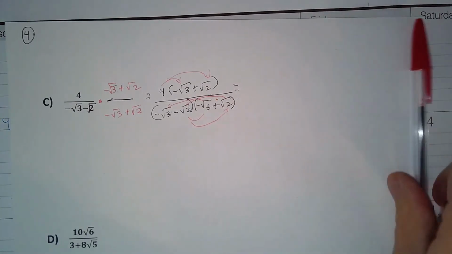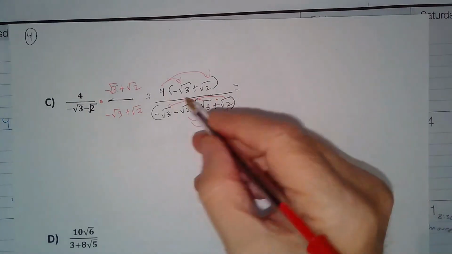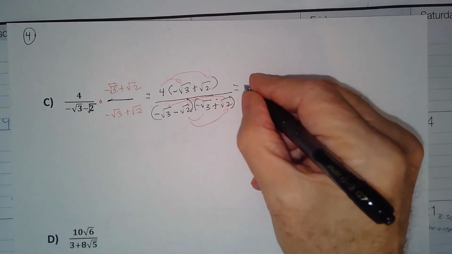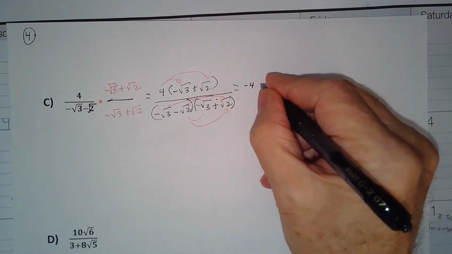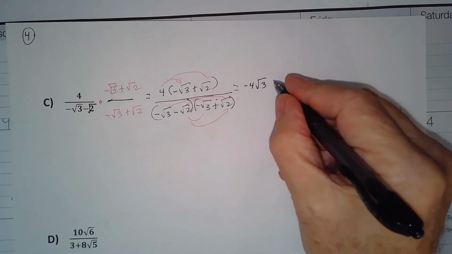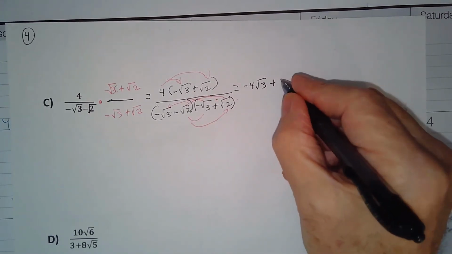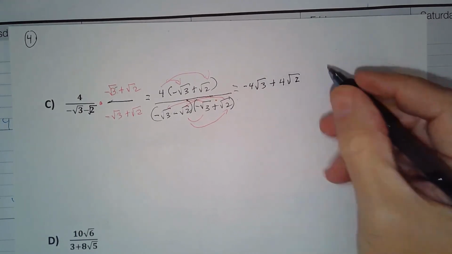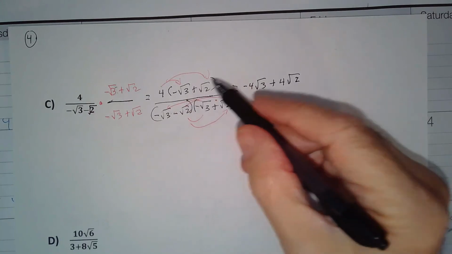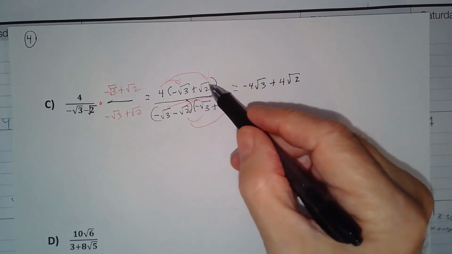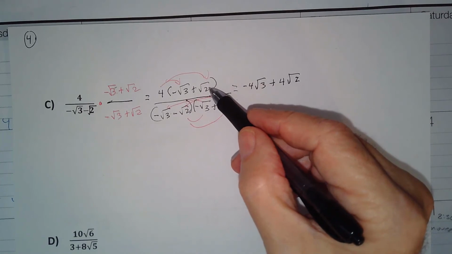So we got all the distributions set up. So 4 times negative square root of 3 is negative 4 square root of 3. And 4 times the square root of 2 is just positive 4 square root of 2. Did I do that right? Let me just make sure I did.